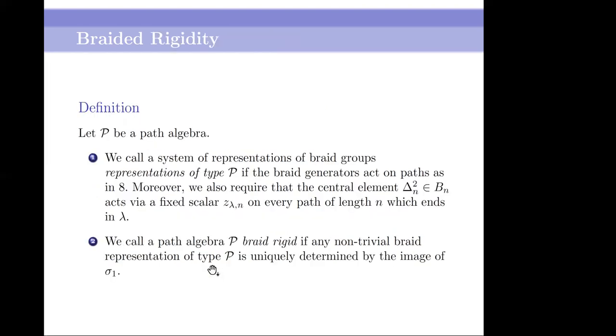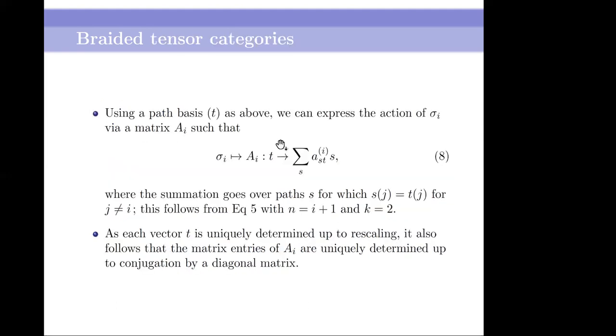We give the following definition for a path algebra. We will call a system of representations of braid groups representations of type P if the braid generators act on paths as above. So as we defined for the braid generator, they will act on paths of length 2.